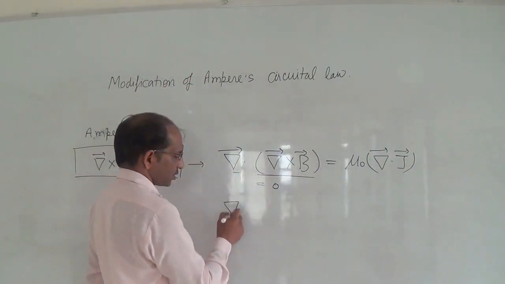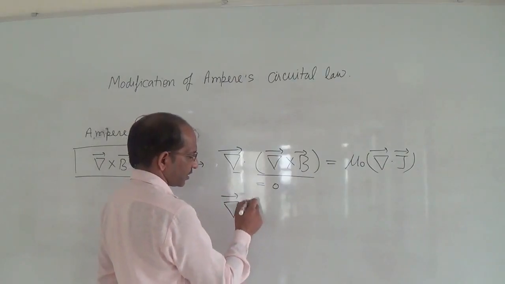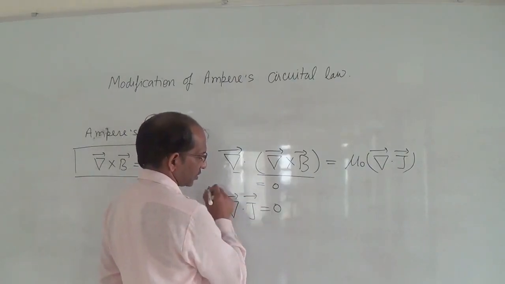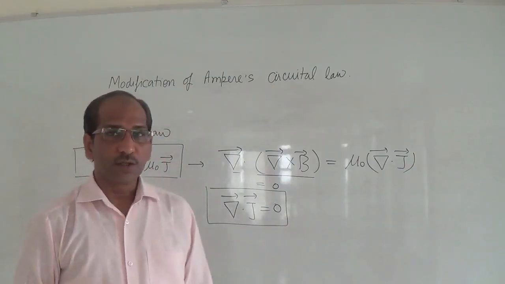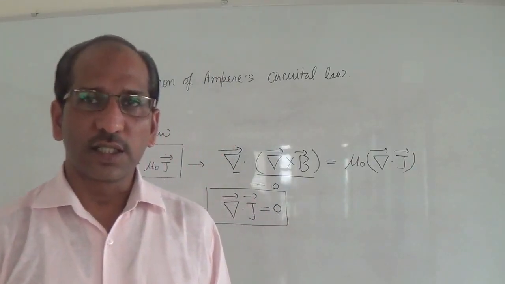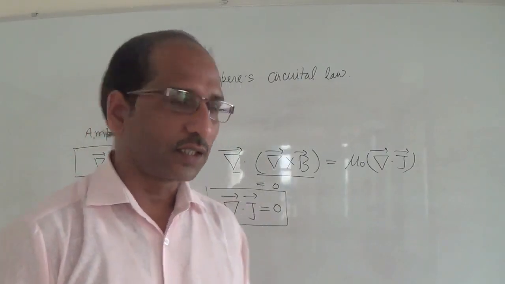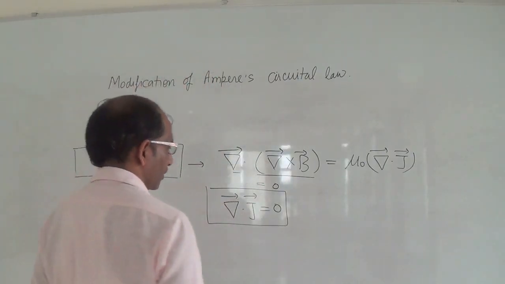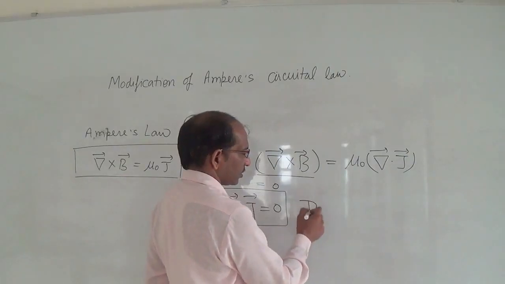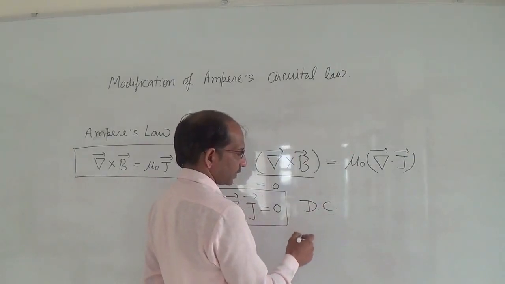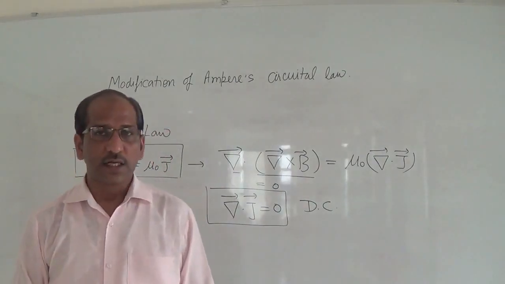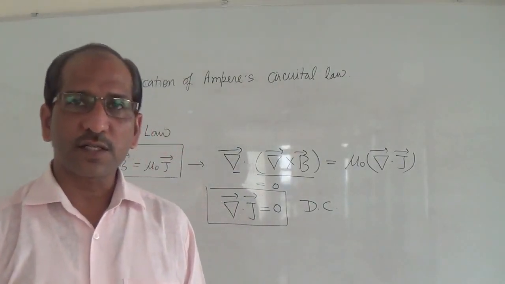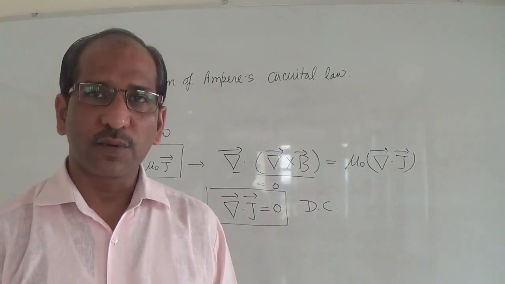From this operation we found that del dot J is equal to 0. If I conclude this result, this is true only when we use direct current. This result is valid only for direct current. It means Ampere's law is valid only for direct current.